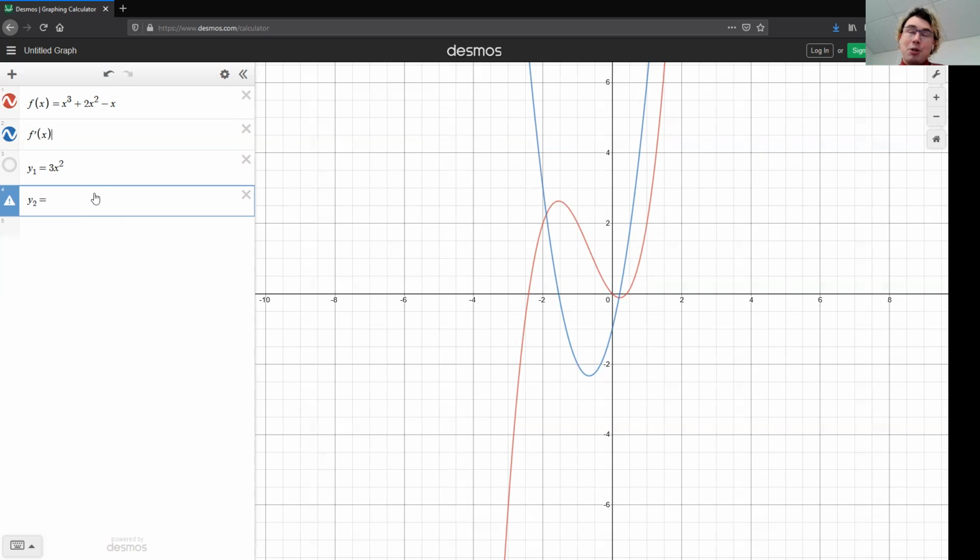So the derivative of 2 times x squared must be 2 times 2x, or 4x. All right, so this is now graphed in purple, and that's a line. That's still not my derivative, right? My derivative is this nice blue parabola. Keep going.